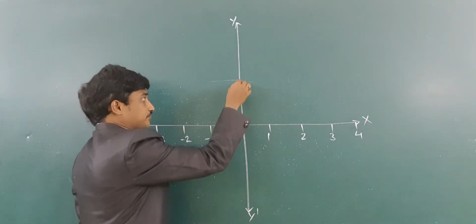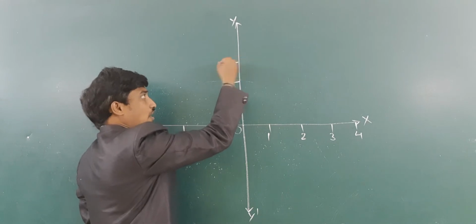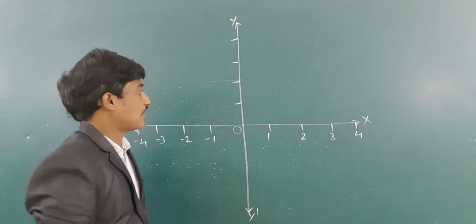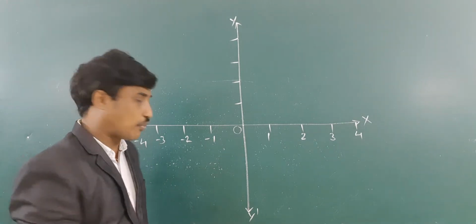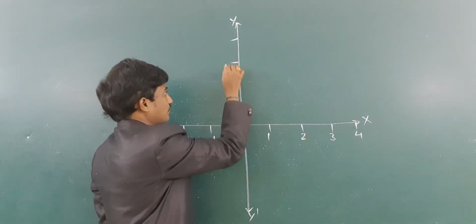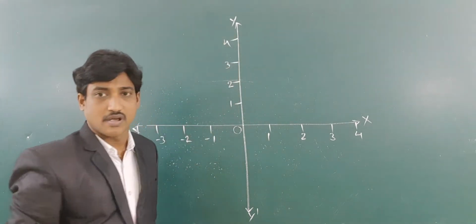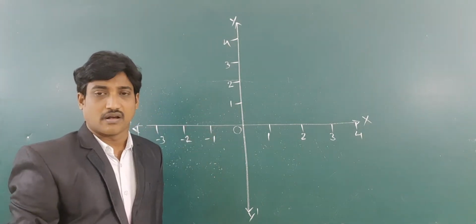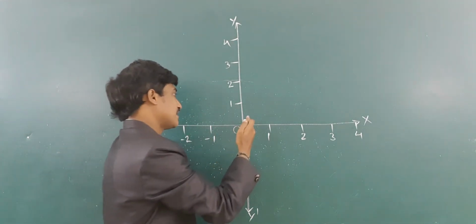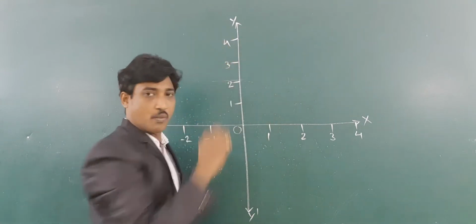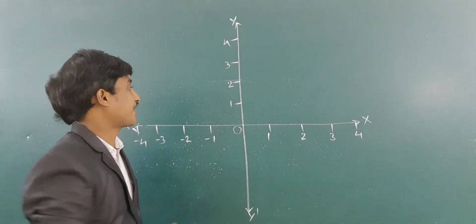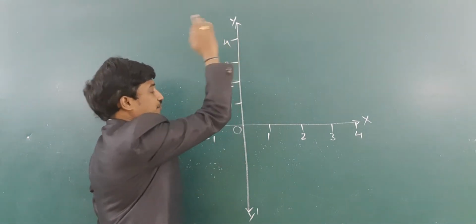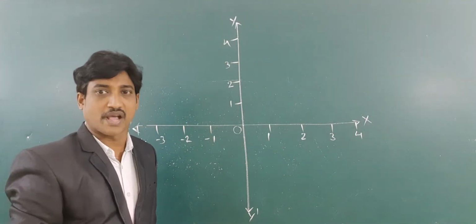Distances along OY, the distances parallel to OY, are taken as positive, so that OY is called the positive y axis.